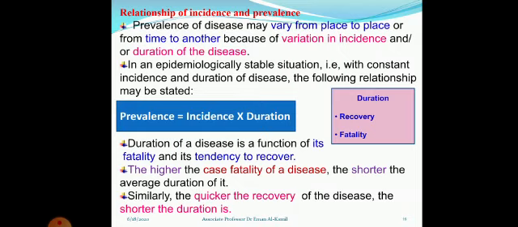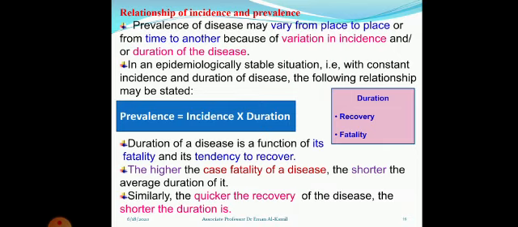So we have low prevalence when the patient recovers quickly or the disease is not lasting. There is a short period of time, so the prevalence will be low. Also, if the disease is fatal, the duration will be short, so there will be low prevalence.